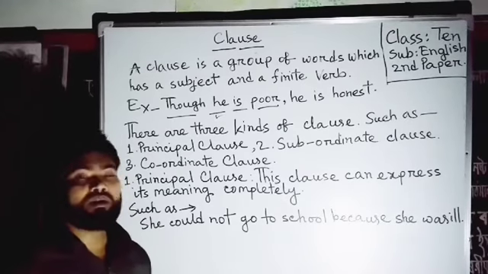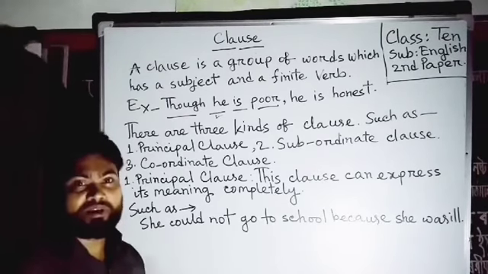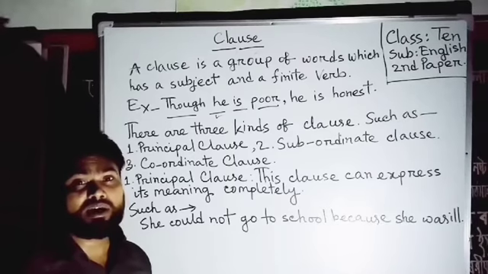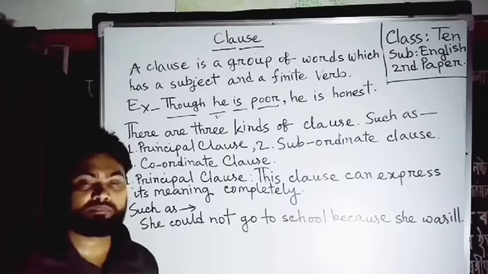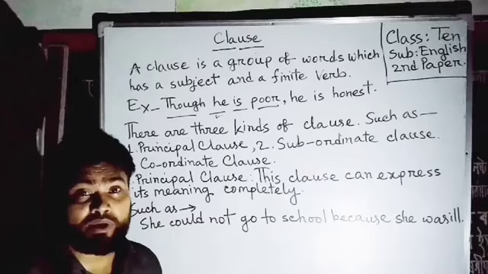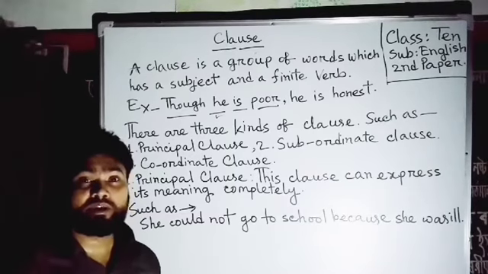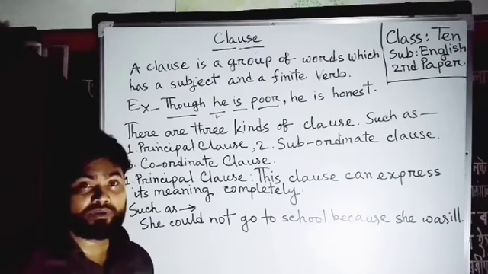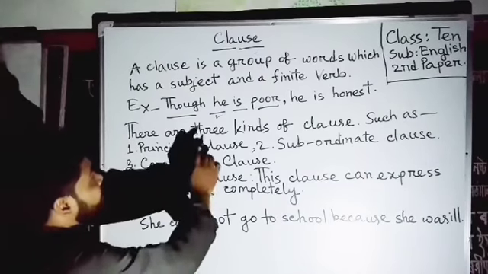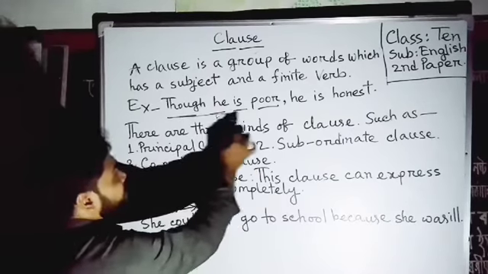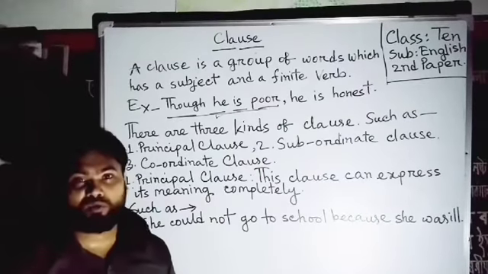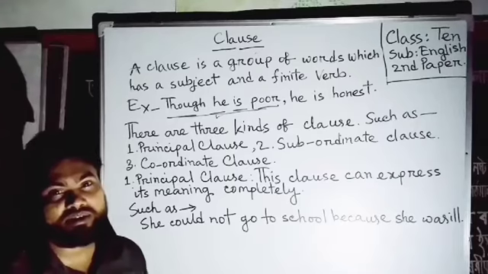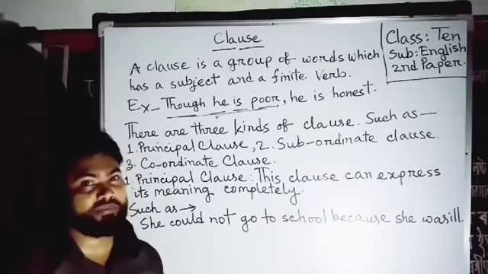Then it has a complement. So we need a subject and a finite verb. Do you know what is a finite verb? A finite verb is a verb which can express its meaning clearly. This part is a clause because it has a subject and a finite verb.